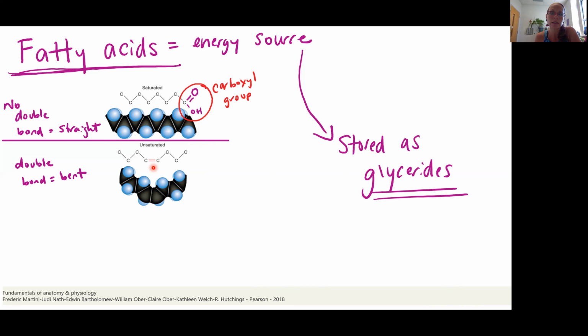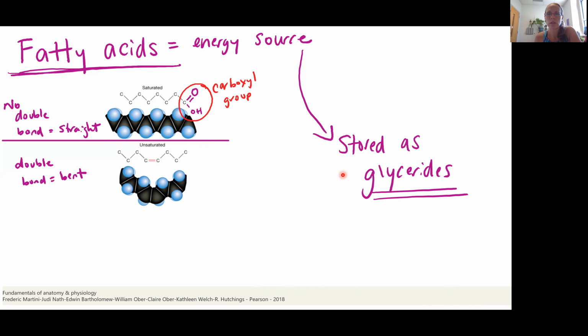This is called unsaturated because there's going to be fewer hydrogen atoms in an unsaturated fatty acid. The unsaturated fatty acids, the double bonds, kind of make a bend or a curve in the molecule, and that's what makes it an oil instead of a fat.